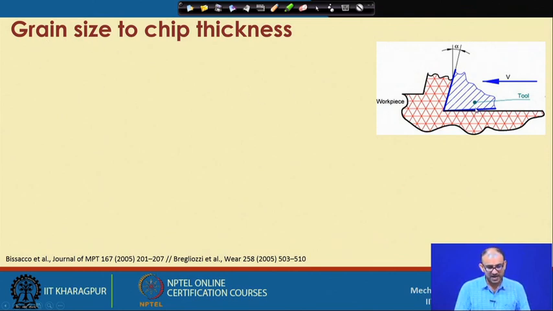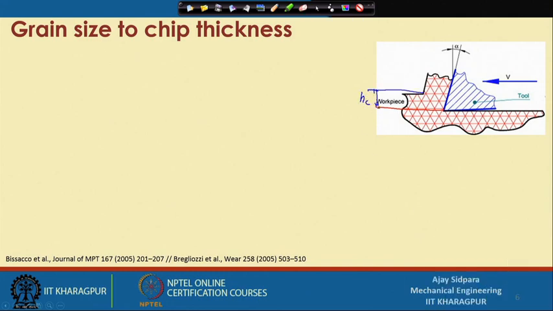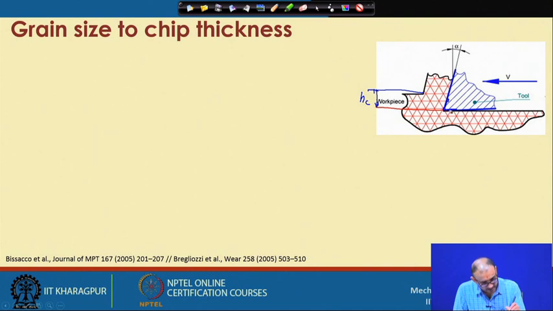So, this is the diagram of the conventional machining operation. This is our tool and this is the uncut chip thickness, let us write it as HC, and this is your cutting edge radius, which we call R. Right now it is difficult to show because it is very sharp, but still let us put something like that.